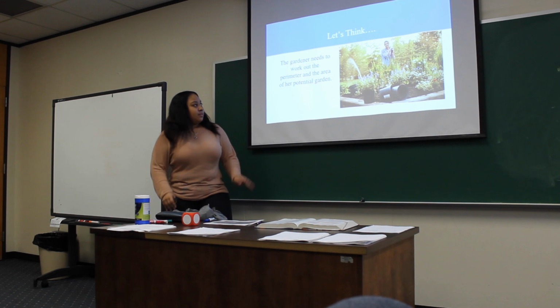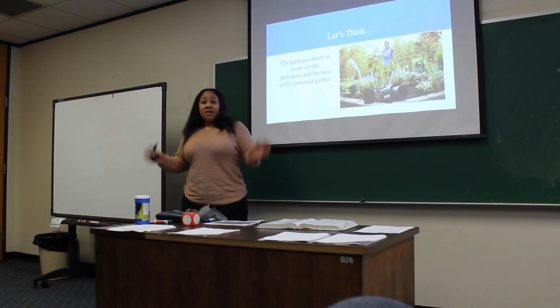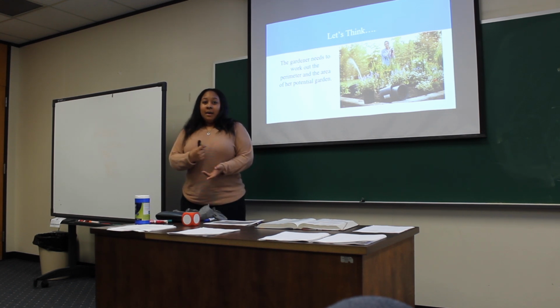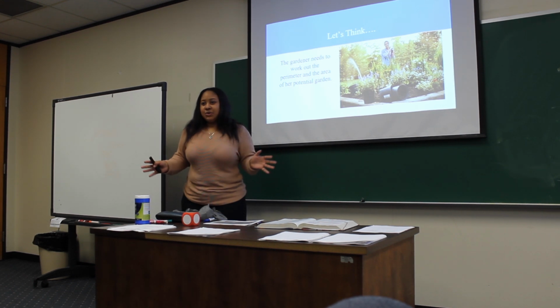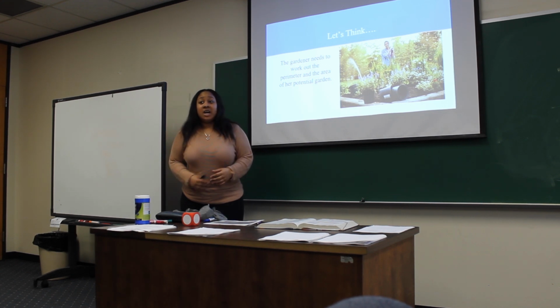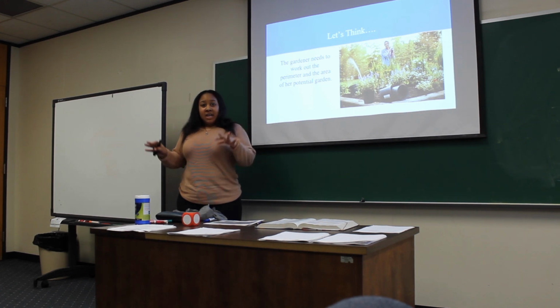So let's think. Something I like to do: my grandmother loves to garden during the springtime, and that's just something that I love to help her with. But I wasn't too sure of how to do that. She's a pro at that stuff, and I'm just sitting there like, oh my gosh, what do I do? So she started digging and putting objects where she wanted them.